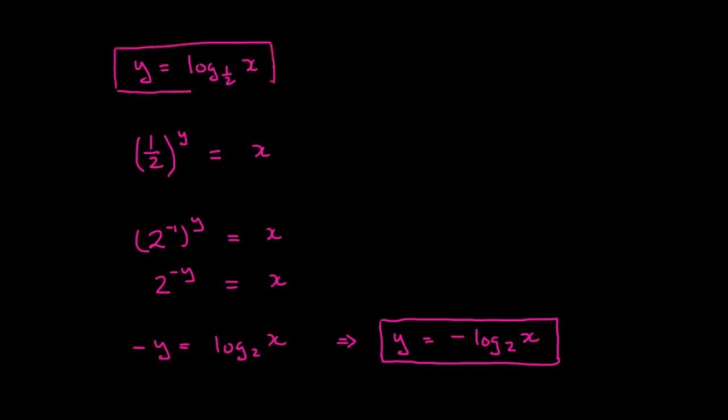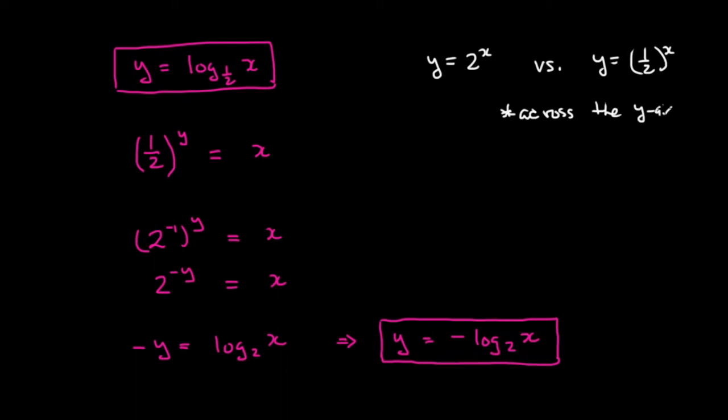And to further demystify this, I think you can remember back to exponential functions that if we had y equals 2 to the x versus y equals half to the x, remember that these things were actually just reflections of each other, and of course that's across the y-axis when dealing with exponential functions.